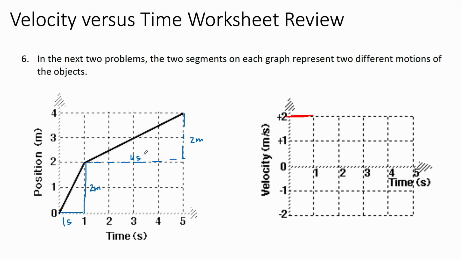Distance over time, 2 meters over 4 seconds, means my velocity here is actually going to be 0.5 meters per second, which should bring us right in here, if I can draw a straight line there. And you don't have to label it, but you can visualize it. This is 0.5 and this is 2. If you want to, you can put a little dotted line between these two, but that is optional.